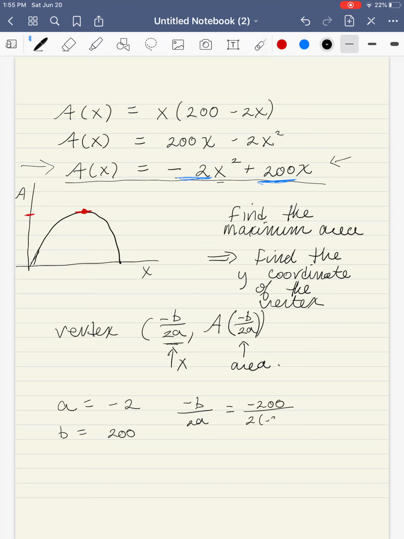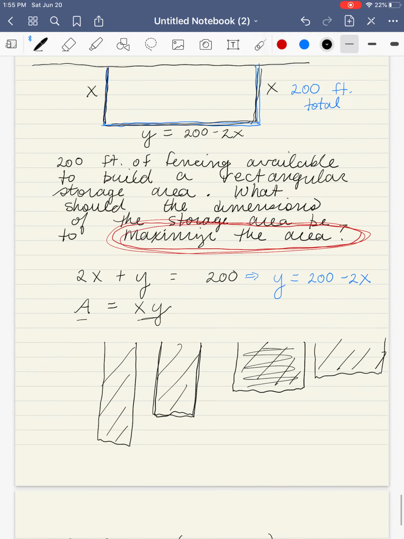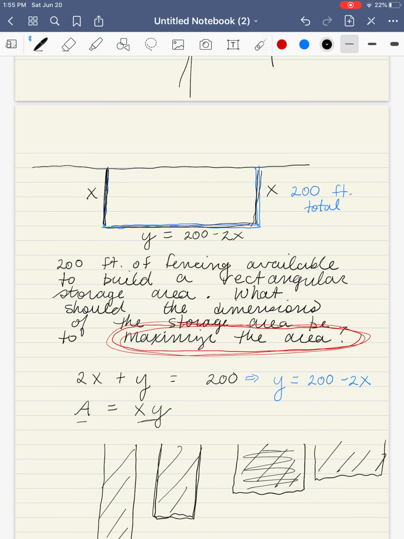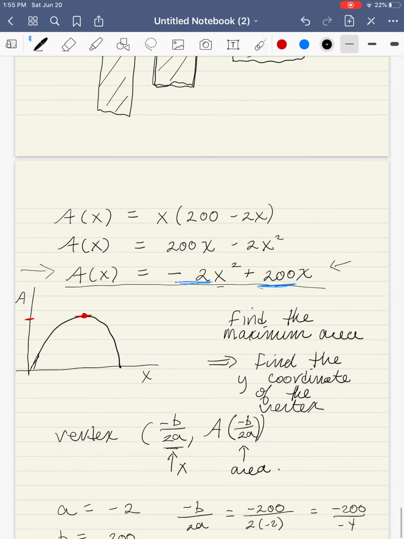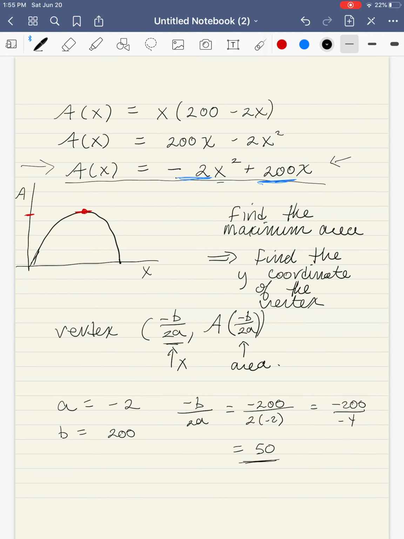So negative b over 2a is negative 200 over 2 times negative 2, which is negative 200 over negative 4, which is 50. Now this 50 is the length of this side here, 50 feet.